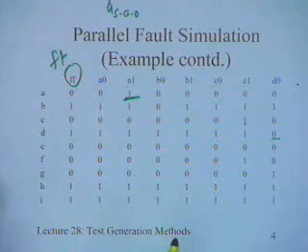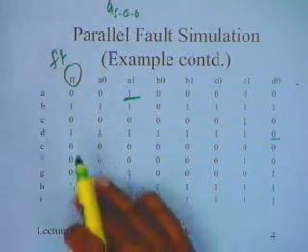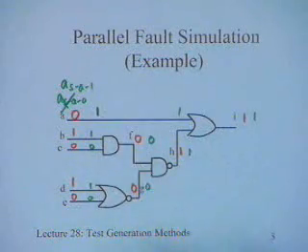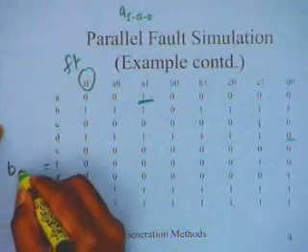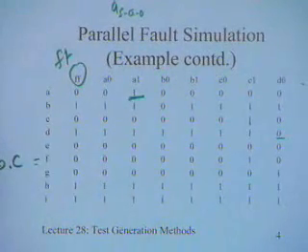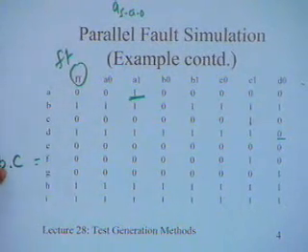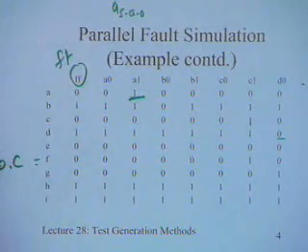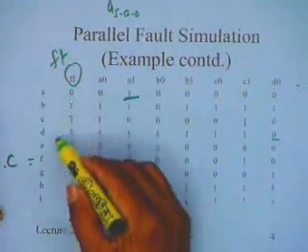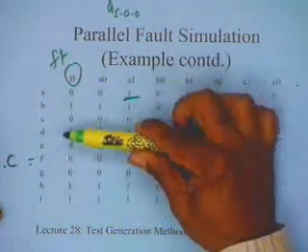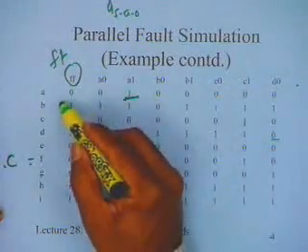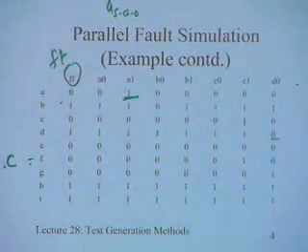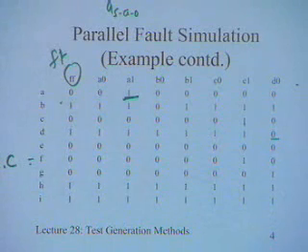So now what do I need to do? If I consider the circuit, what is the function F? F is nothing but B dot C. So I have to evaluate B and C. Once I have set this up, I can evaluate B dot C, because in any machine that I am operating on, I can do an ANDing of the whole word.